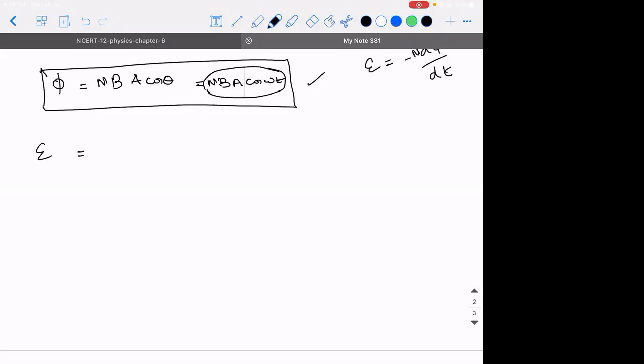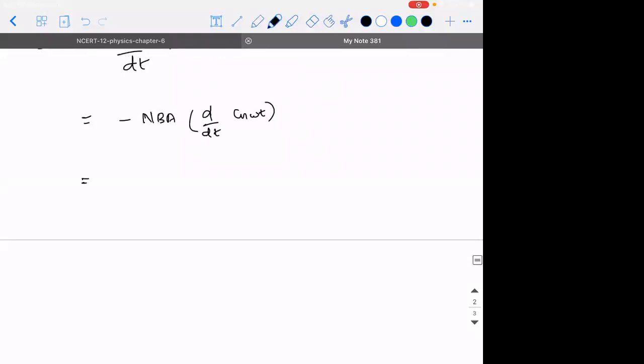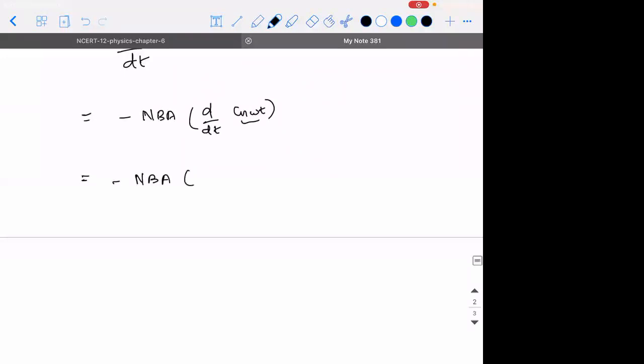So EMF will be equal to minus of d by dt of this flux, NBA cos omega t. So what will come out of the derivative? Minus NBA into d by dt of cos omega t. So what will be the answer? Minus NBA, derivative of cos omega t is minus sine omega t, and I hope everybody knows the chain rule, into omega.